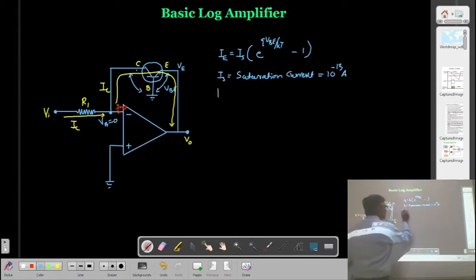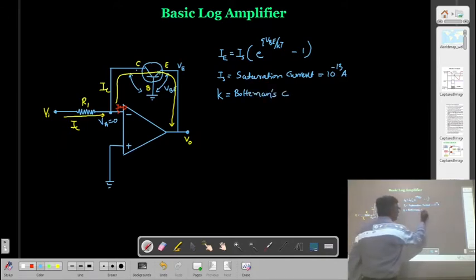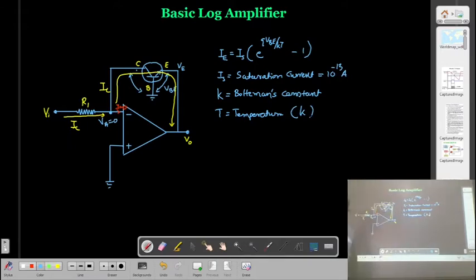Now in this formula, what is K? K is known as the Boltzmann constant, and T is the temperature, but this temperature will be in Kelvin.